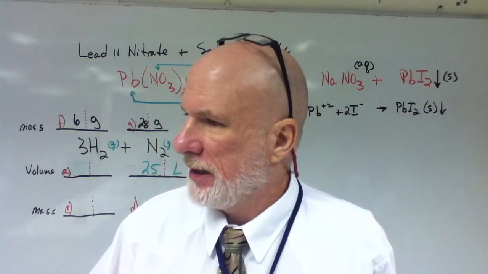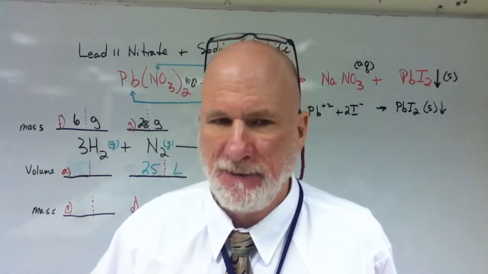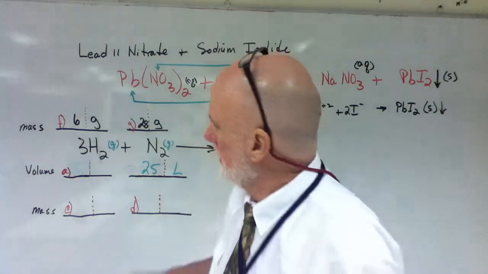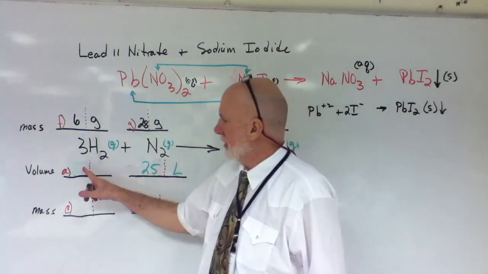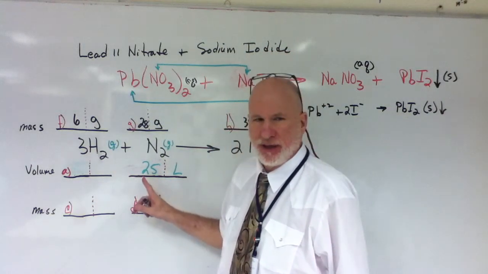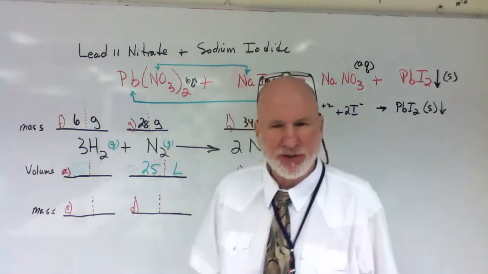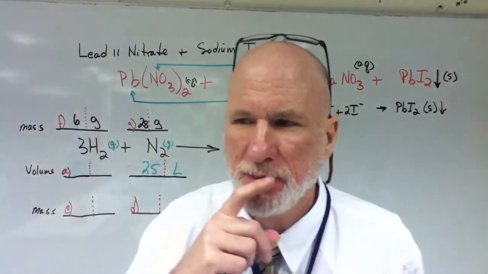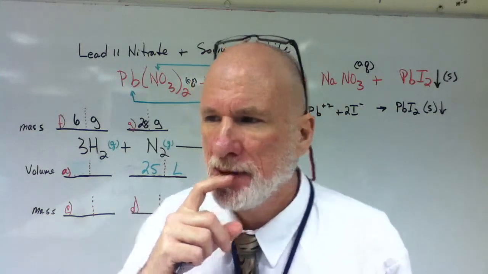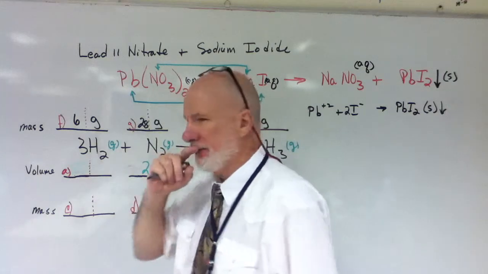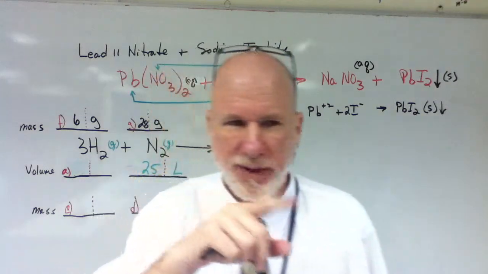What is going to be the volume of hydrogen if nitrogen is 25 liters? What is the volume of hydrogen going to be? Yes? It's going to be 75. It's going to be 75? Is that right? Anybody else?